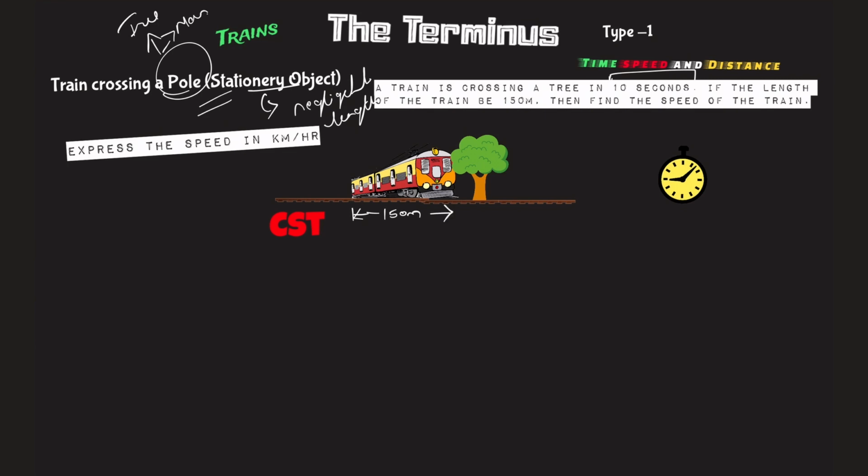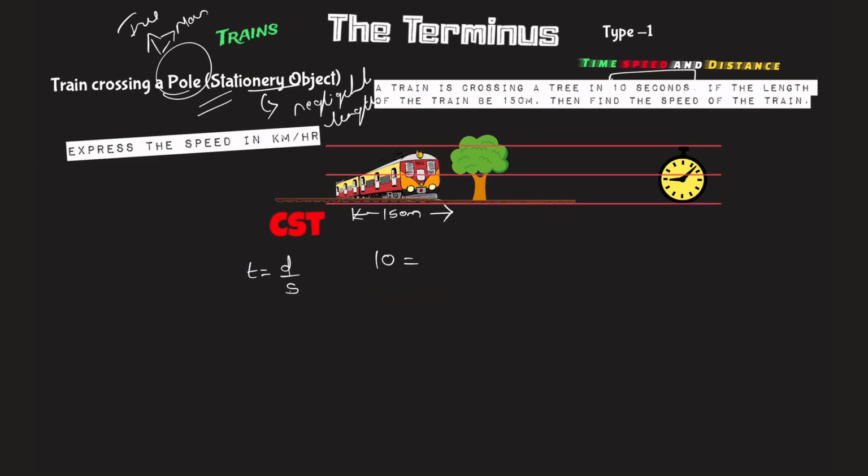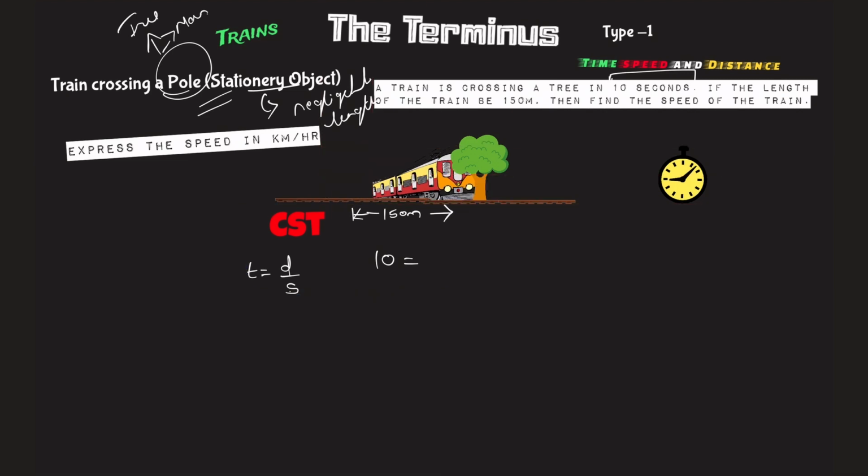In the entire chapter, we are just going to have one formula: time is equal to distance upon speed. Time is given to me, 10 seconds is the time taken by this train. What is the distance traveled by this train in this 10 seconds? So the train was here, I started the stopwatch, and the train crossed its length.